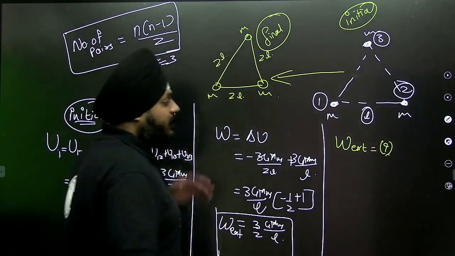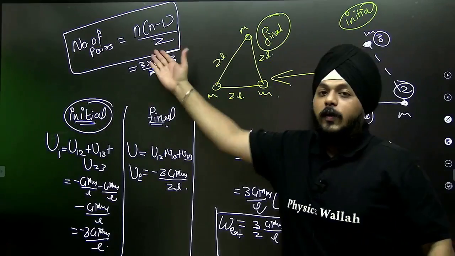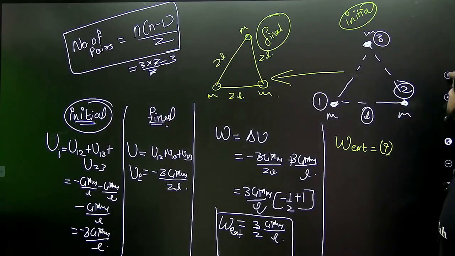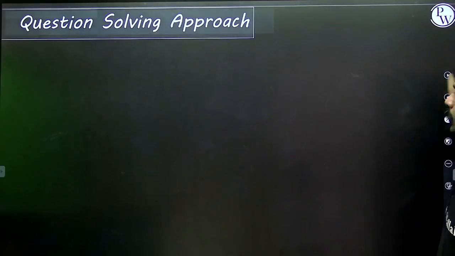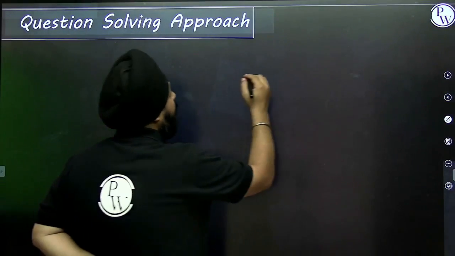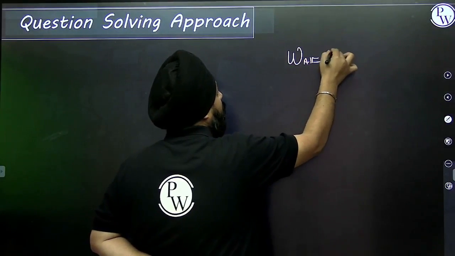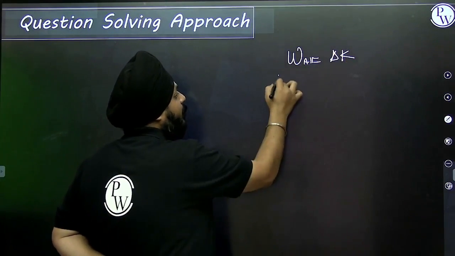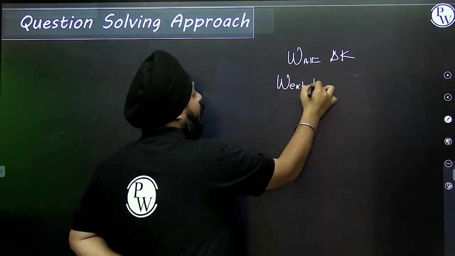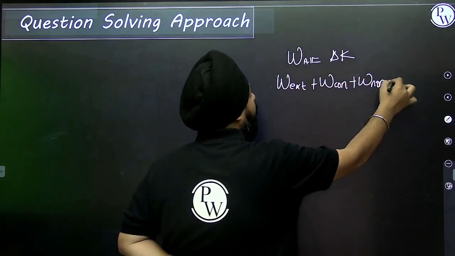This is for this system, right? Using this formula we can calculate the potential energies. In the 6th chapter, now let's come back to this point. Change in kinetic energy equals work done by external, work done by conservative, and work done by non-conservative forces.